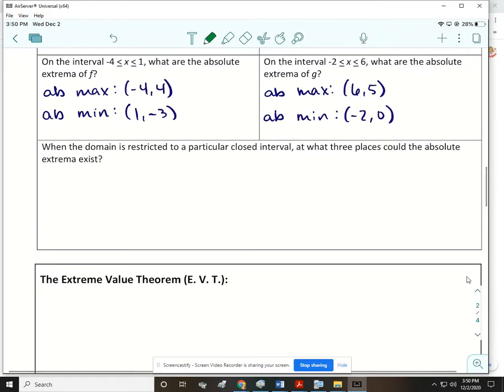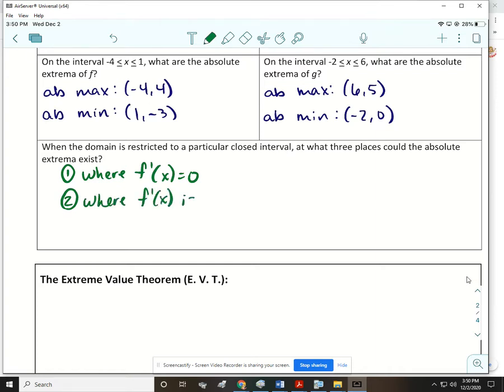So they occurred at the relative extrema, which was either where f prime of x was 0, so that was the rounded relative extrema, or where f prime of x is undefined, which was at the pointy edges.